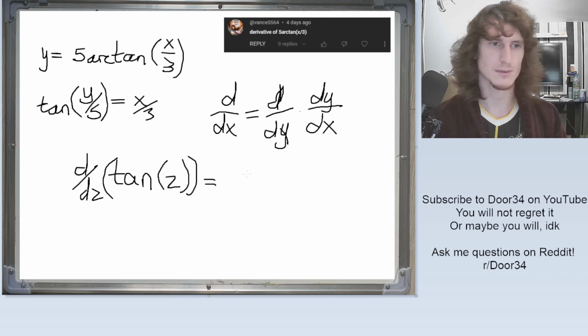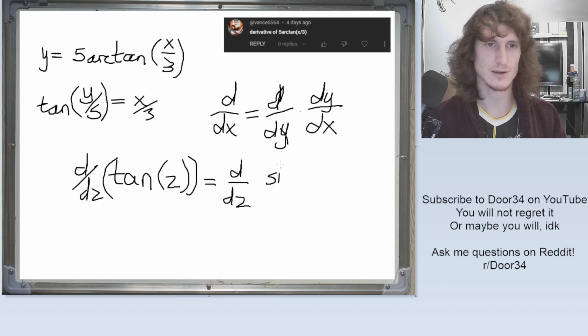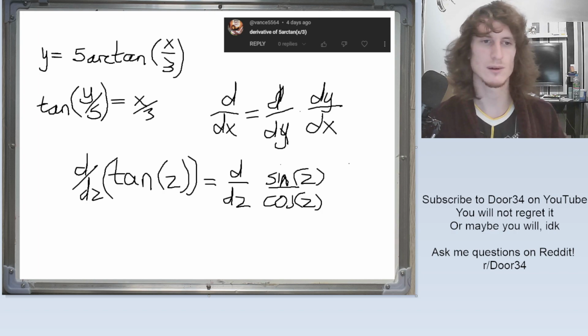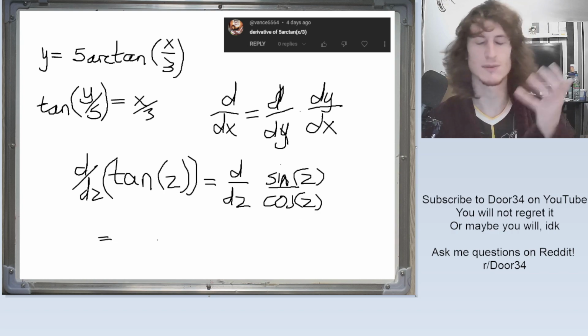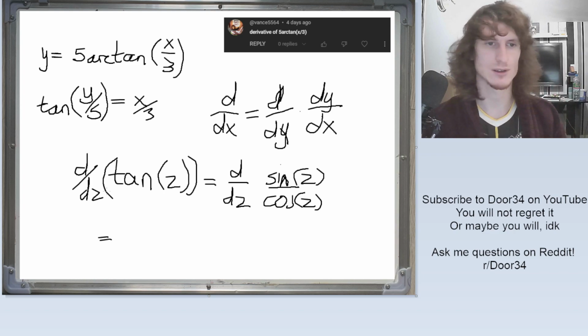This is going to be d by dz of sine of z over the cosine of z, and we can think of this as the product of sine of z and 1 over cos of z. That's the way I do it. Maybe use the quotient rule, which is pretty much the same thing. I always prefer to just do it this way.